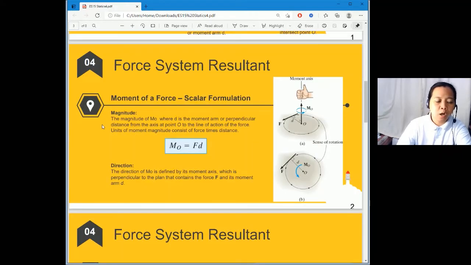The magnitude of a moment, MO, where D is the moment arm.